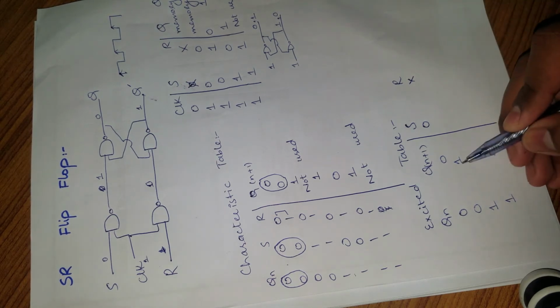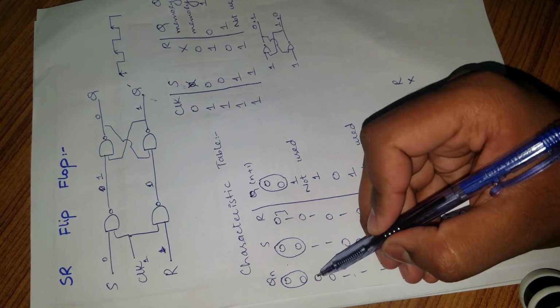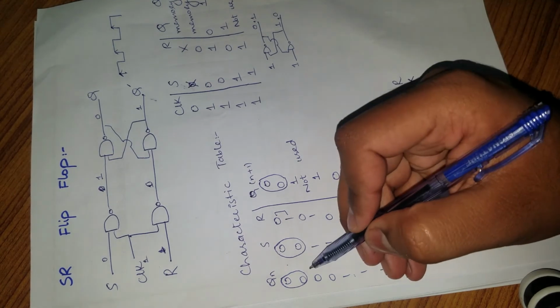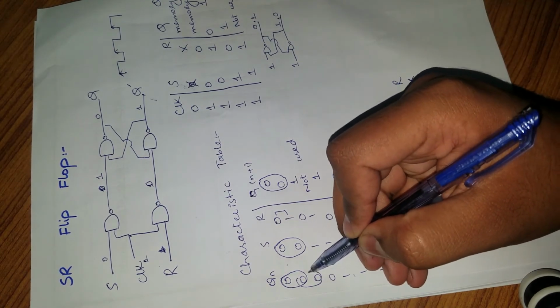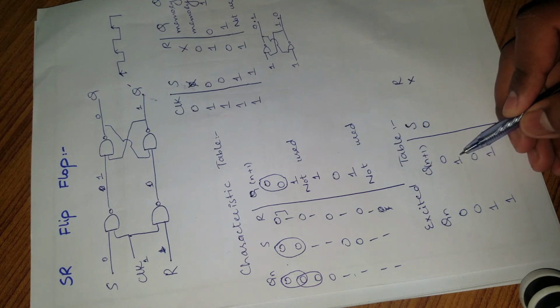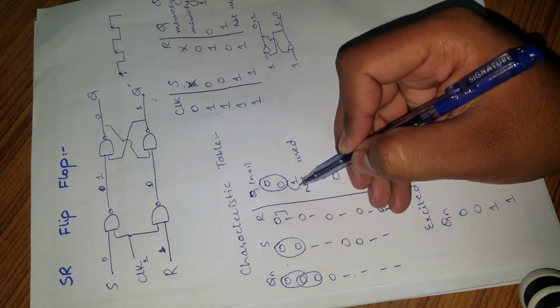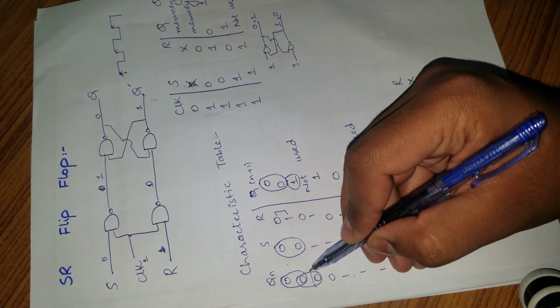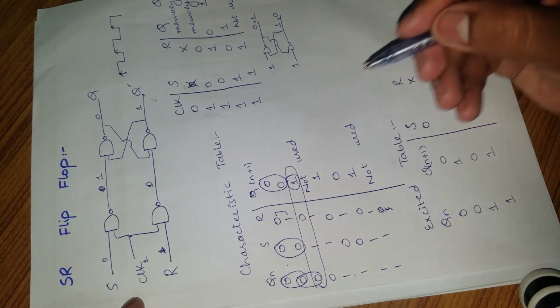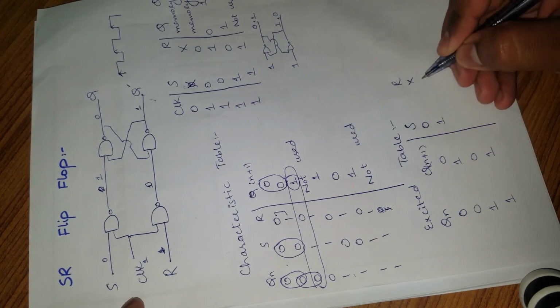But when we have the 0 1 condition, Qn is 0 and Qn plus 1 is 1, so we need only this condition. In this we know that the value of S and R is 1 and 0.